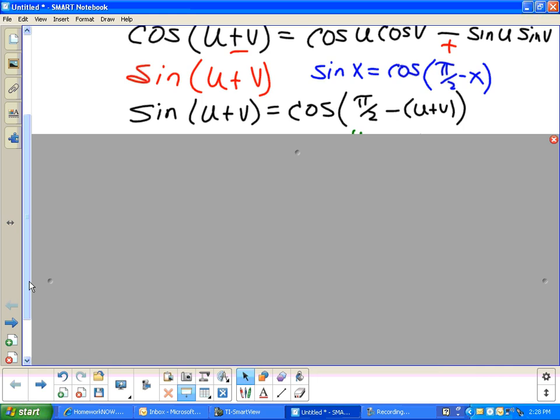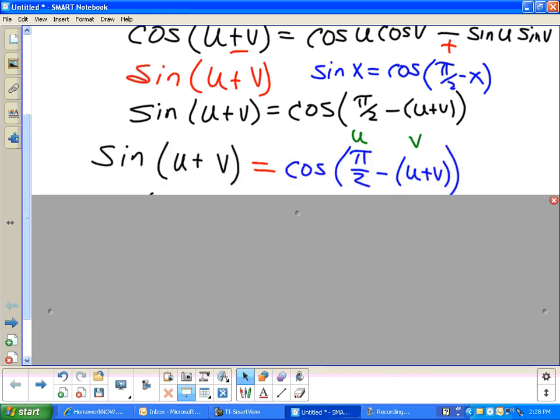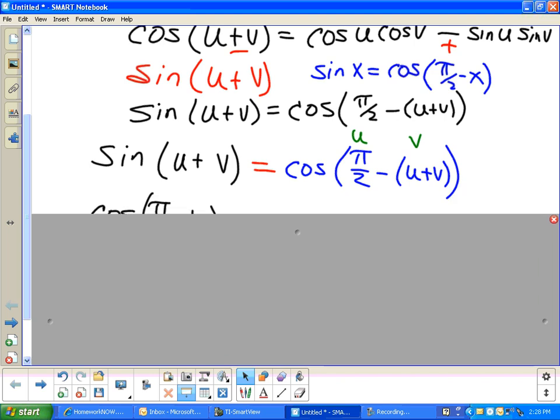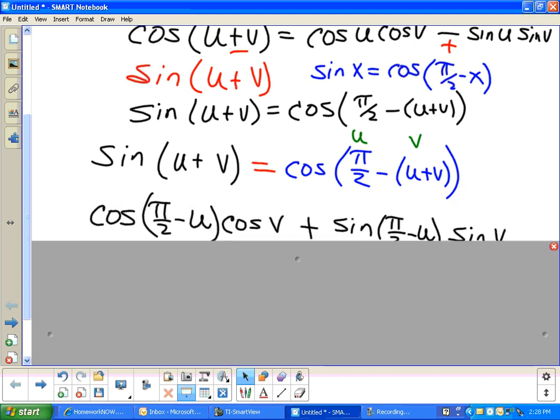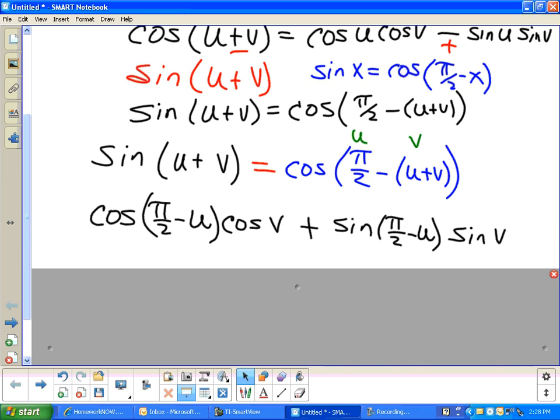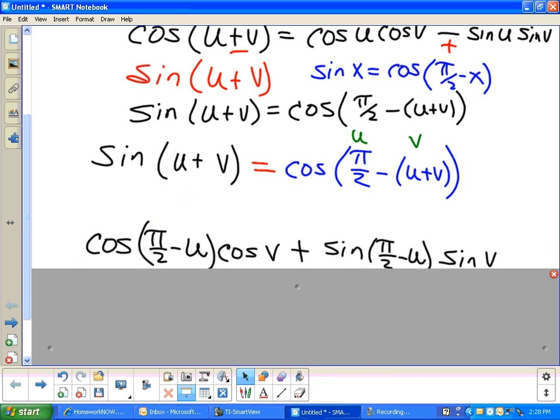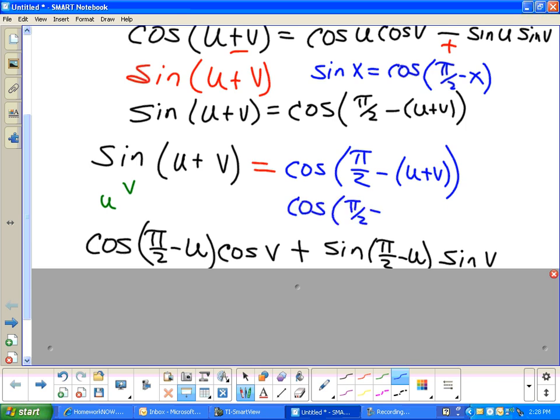All right. Now, what I want to rewrite, though, is I want to rewrite it like this. Let me move this down so you can see what I've done here. I am actually going to rewrite this and distribute the u plus v and rewrite it as cosine of pi over 2 minus u minus v.